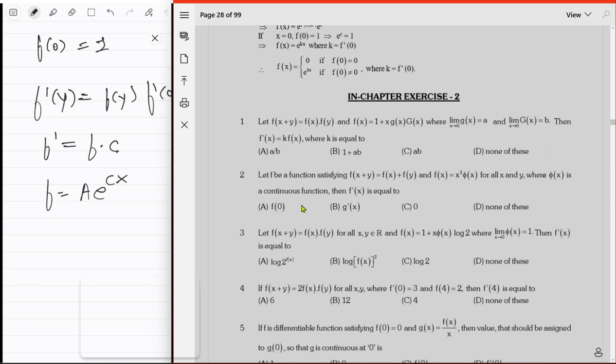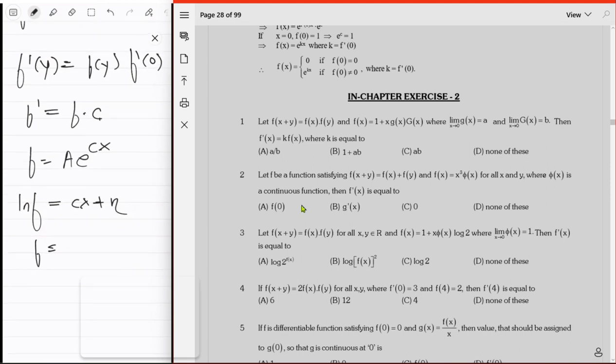You can also do the usual differential equation thing, like natural log of f is equal to cx plus some kind of constant called k. I don't know, k is already used. Call it eta, whatever you want to call it. Then e power this thing. It's like f is equal to e power cx, and then e power this thing, just a. So a e power cx.